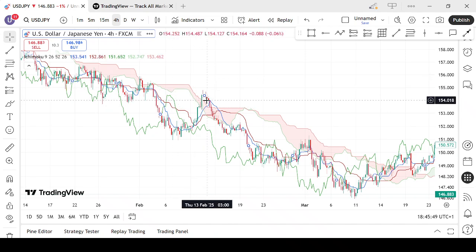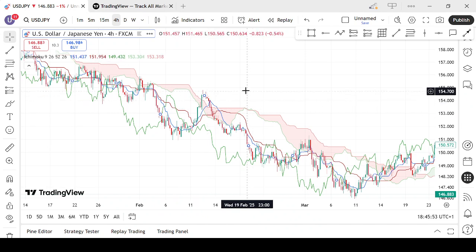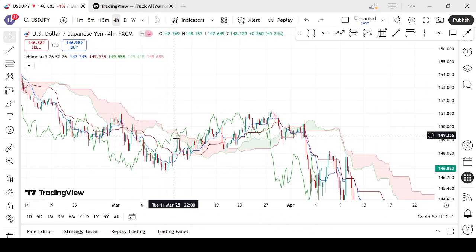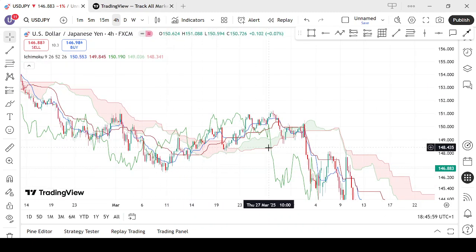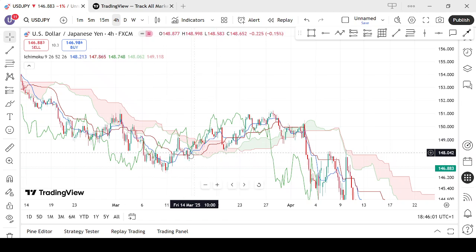So you just need to identify these areas and know where the cloud narrows or changes direction. When it's narrowing and it changes direction to the downside, know that the market is about to change to the other side and a reversal is about to occur.